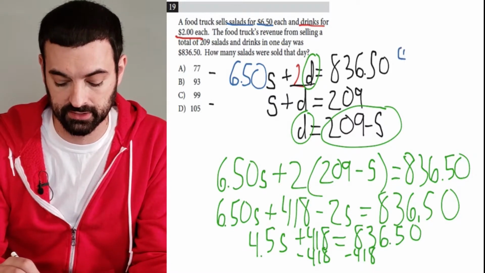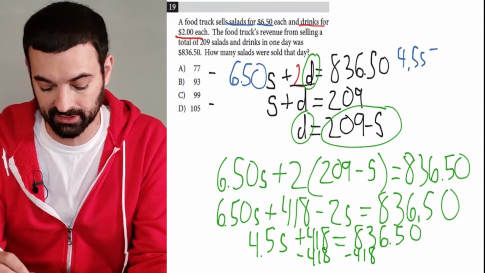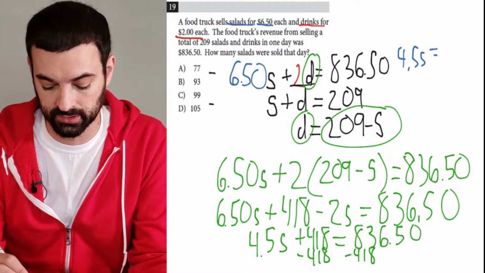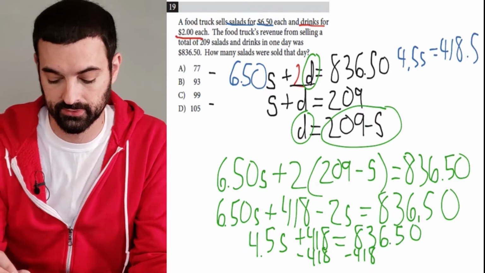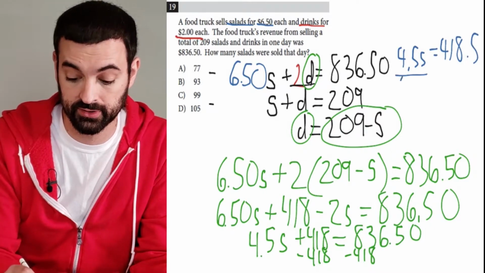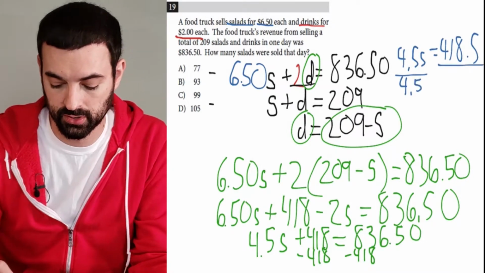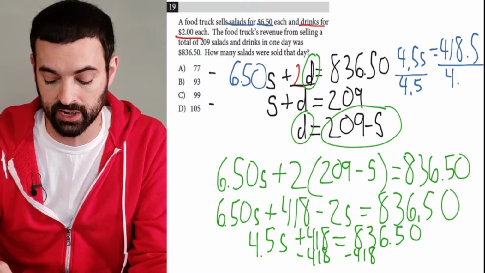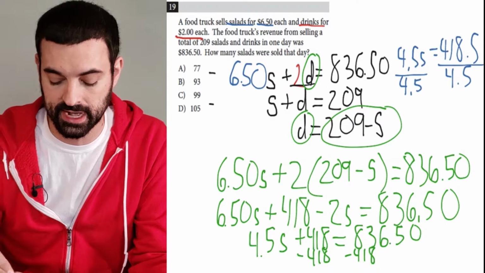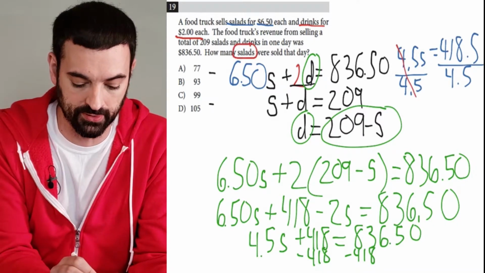We've now got 4.5S equals 418.5, and we are going to divide both sides by 4.5, and this is going to give us our number of salads. We are not solving for our number of drinks because we're solving for the number of salads.